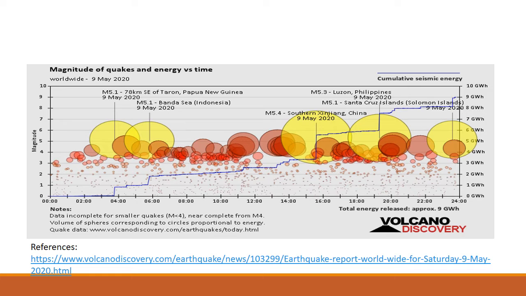Ang iba't ibang seismic energy with a time interval. So, sa iba't ibang panig ng mundo, sabay-sabay nagkakaroon ng pagyanig ng mundo. At mapapansin nyo dito, sa Pilipinas ay may nagkaroon ng magnitude na 5.3.